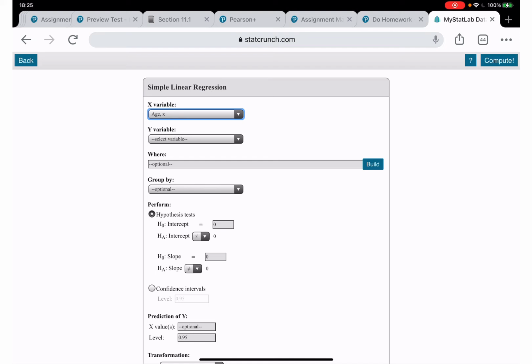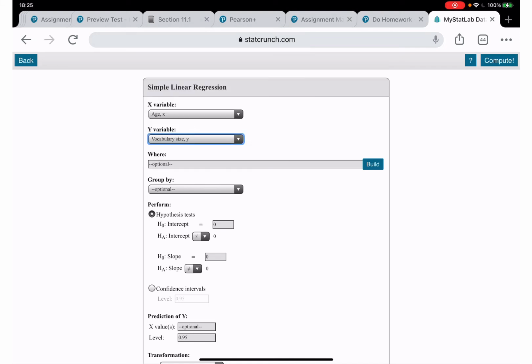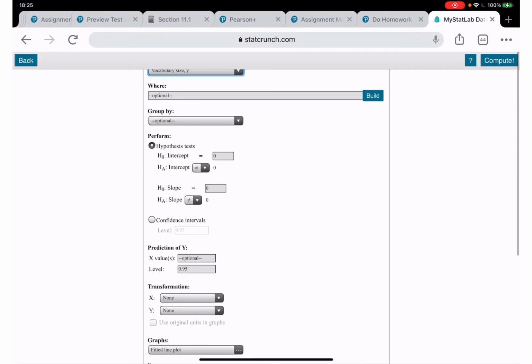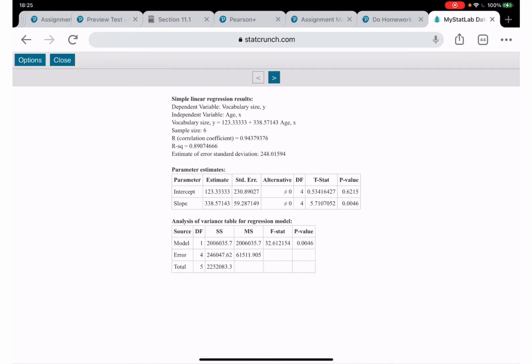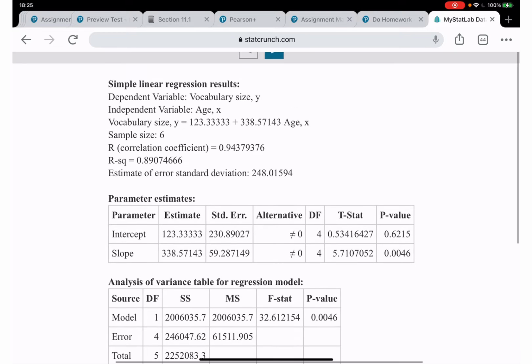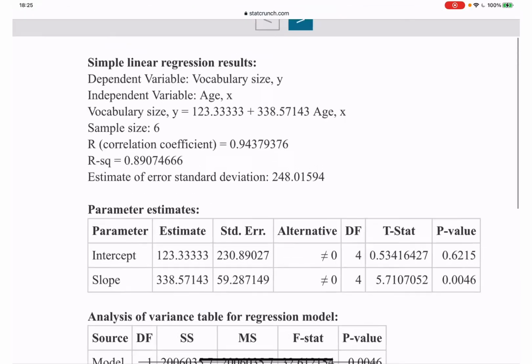Our x is age, y is vocabulary size, and we are going through compute. There we go. Correlation coefficient. Where is it? Dependent x, independent, oh, here it is.